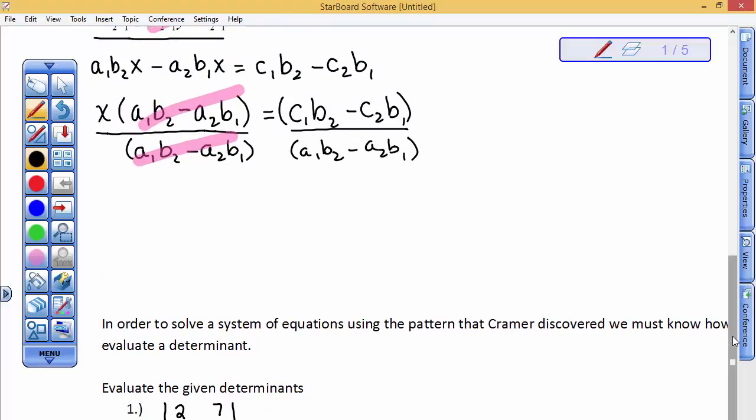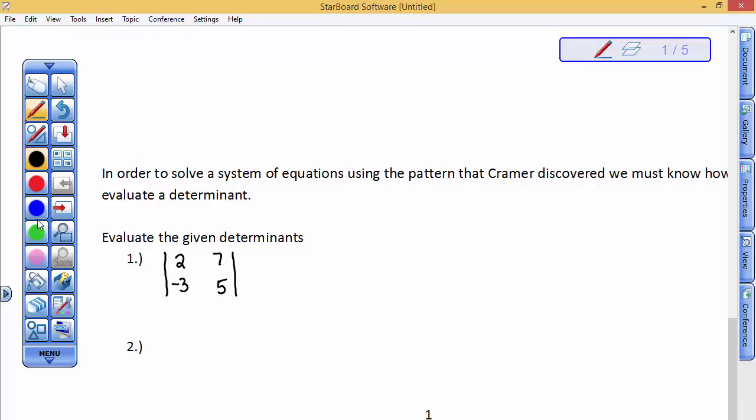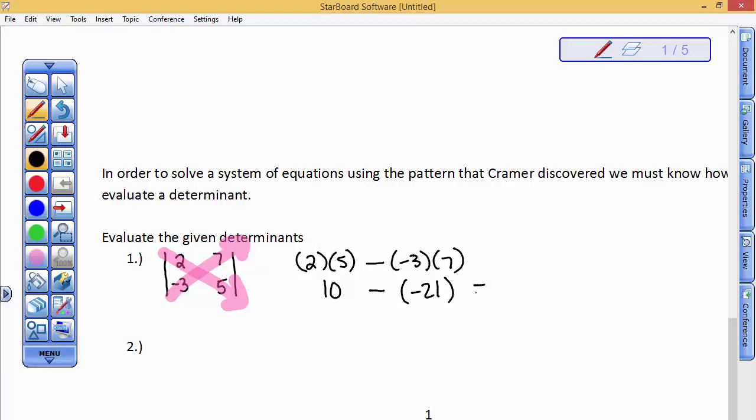So we're going to take that 2 times the 5. That's going to be like A1 times B2. And then we're going to subtract this product right here, which is a negative 3 times 7. So to evaluate this determinant, you have 10 minus a negative 21, which is 10 plus 21, and you've evaluated a determinant.